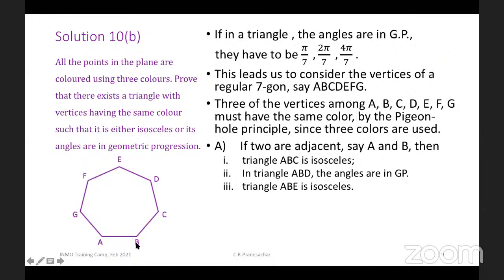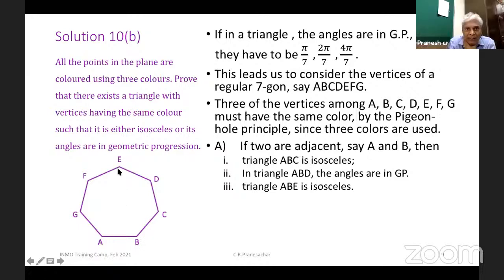And if you take triangle ABE, that's also isosceles because AE equals BE. You don't have to consider F and G because they are symmetric to D and C respectively. So it is enough to consider these 3 points.